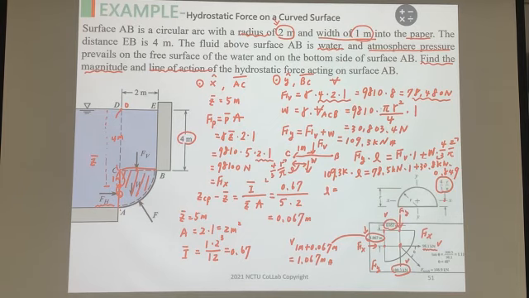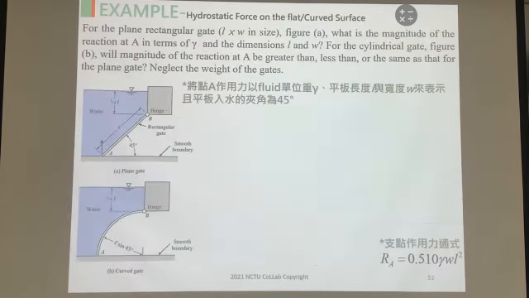Okay, so you just compute it by yourself. Compared to the flat surface, the difference is we need to divide the two directions to solve the problem. Okay, so this is one idea.